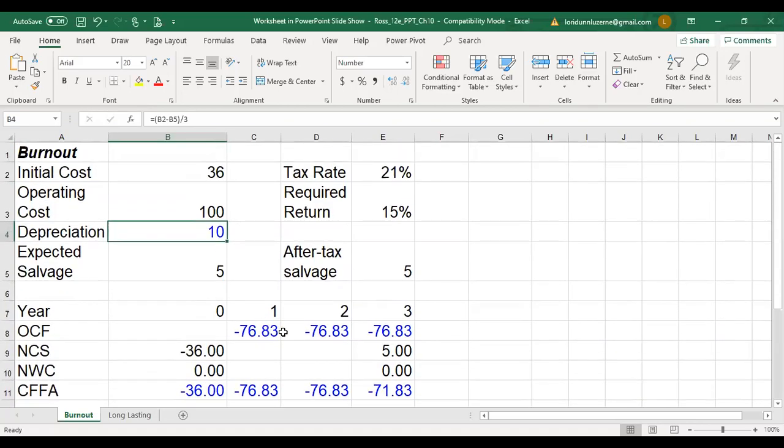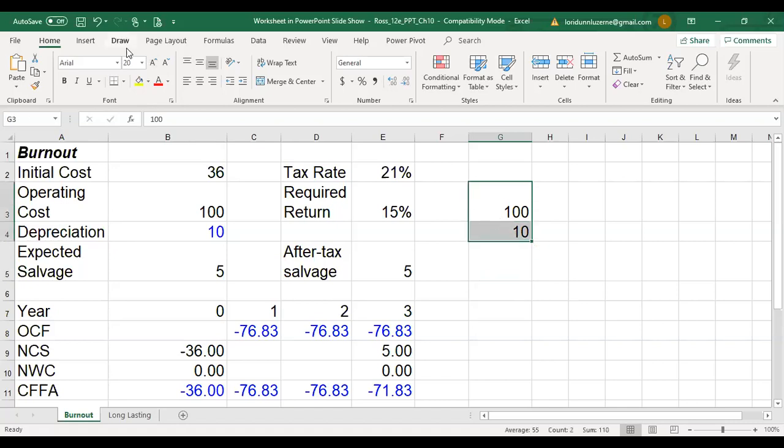So at the end of year one, so this one lasts 3 years. We have an initial outflow, year 0, of 36. How much is our cash outflow in this case from each year? Well, it will be the operating costs plus the depreciation, 110.